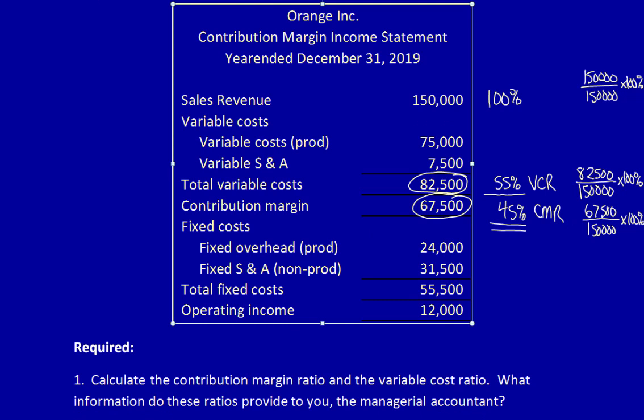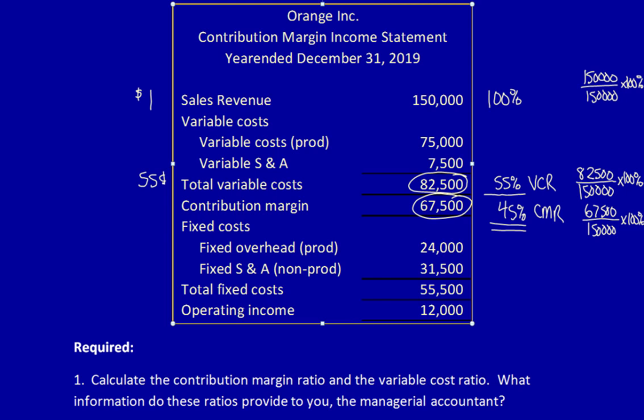The next part of the question says, what information do these ratios provide to you, the managerial accountant? The contribution margin ratio tells you the amount of every sales dollar that is available to cover fixed costs and provide a return to the shareholders in the form of operating income. For instance, for every $1 of sales, Orange Inc. uses 55 cents to cover their variable costs.